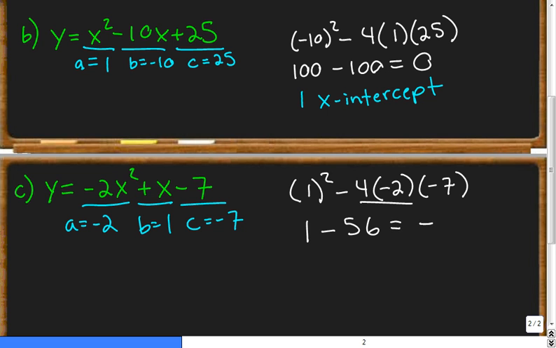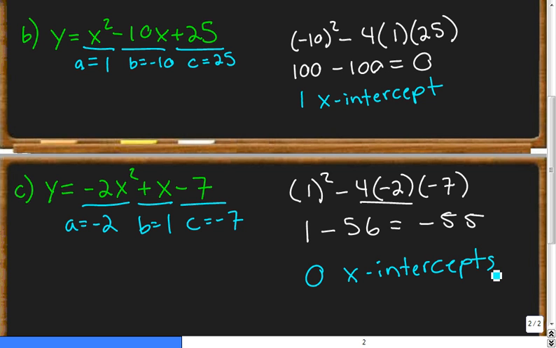This is going to make negative 55. So this is a negative discriminant, which means that we have two non-real solutions. Non-real solutions, we don't see that on a graph. We can't see where those are. So this equation has 0 x-intercepts.